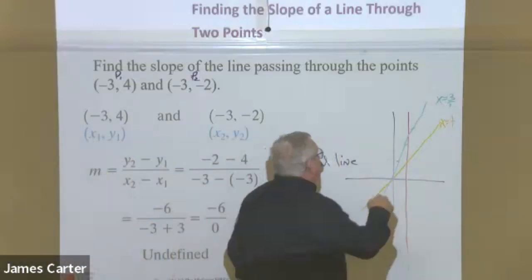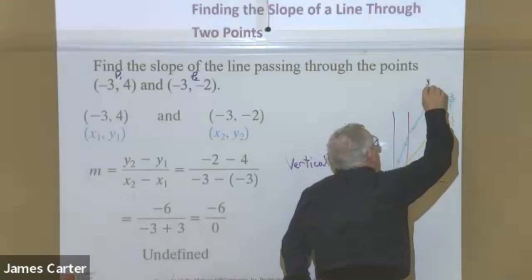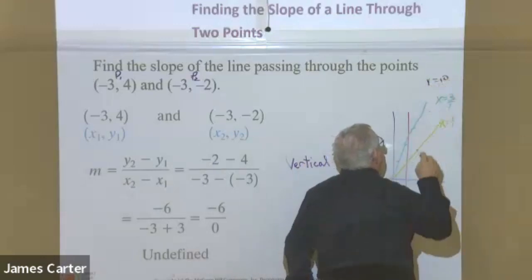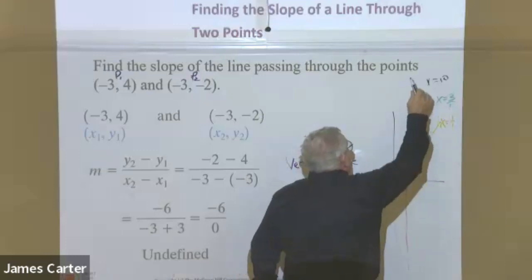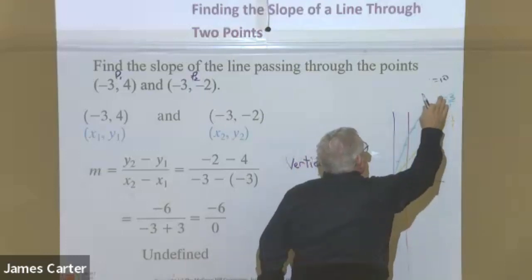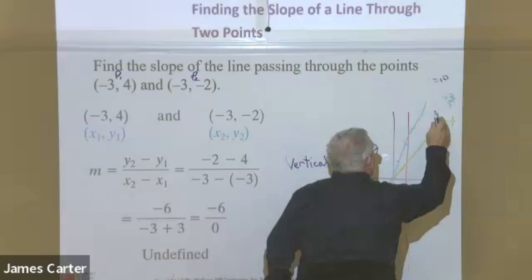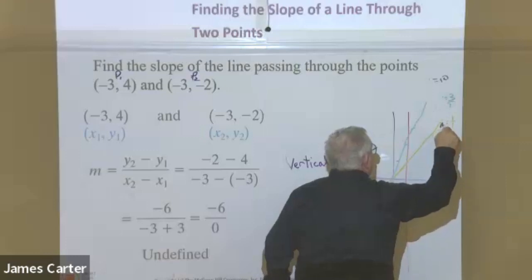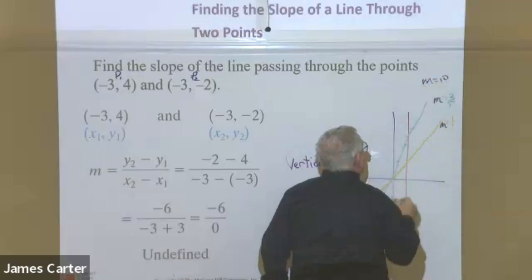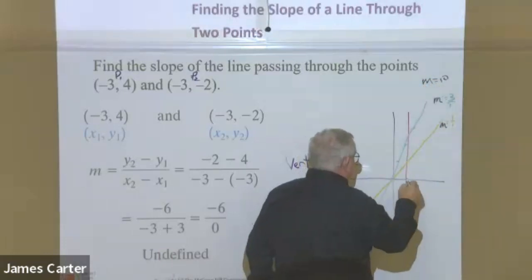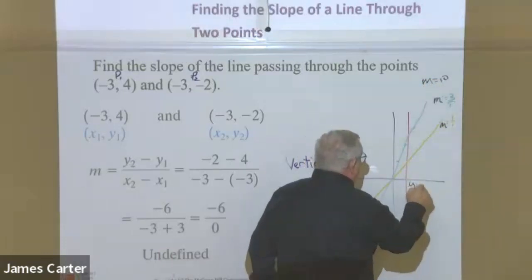What if I had a slope of 10? This is m equals 1, m equals 3, m equals 10. This one is slope undefined.